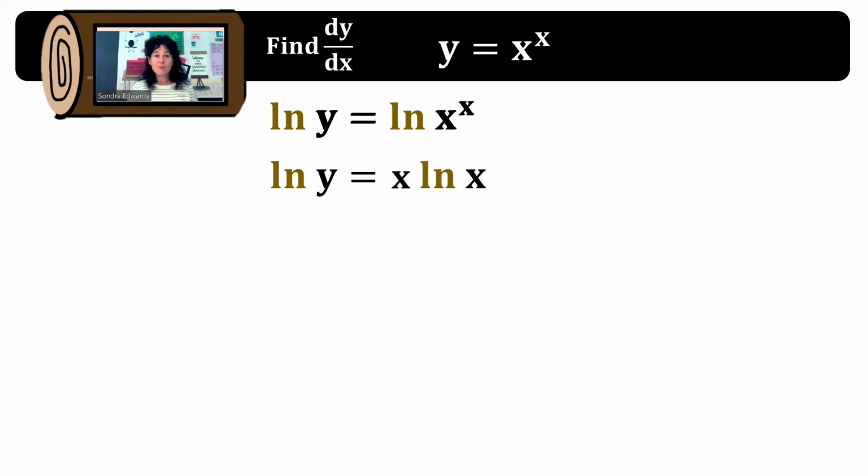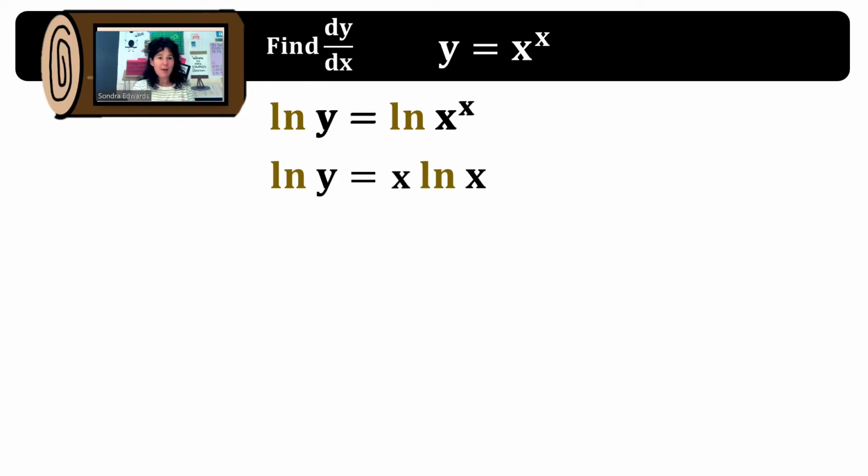I have not performed any calculus so far, but now that I have taken care of the variable base and variable exponent and turned it into just multiplication over here, we are ready to take the derivative. Keep in mind, we are finding the derivative with respect to x.